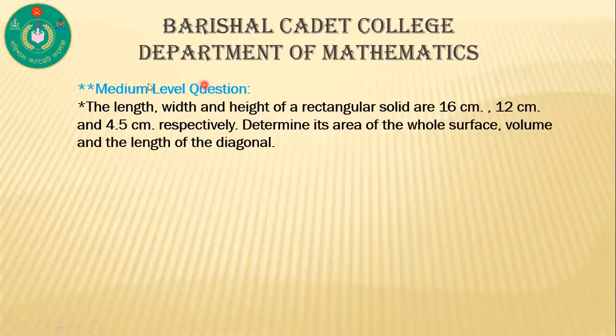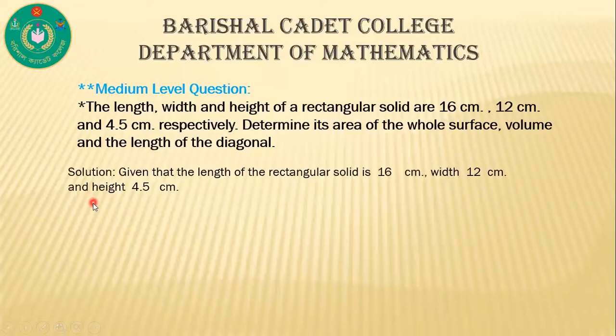Here is a medium level question. The length, width, and height of a rectangular solid are 16 centimeter, 12 centimeter, and 4.5 centimeter respectively. Determine its area of the whole surface, volume, and the length of the diagonal. Solution. Given that the length is 16 centimeter, width 12 centimeter, and height 4.5 centimeter.